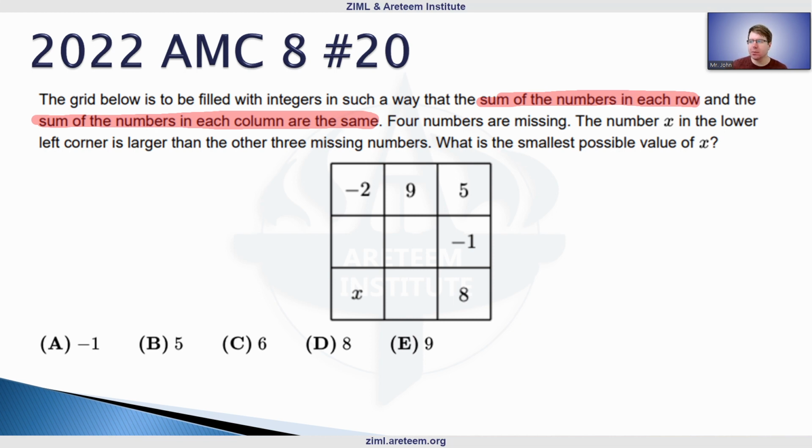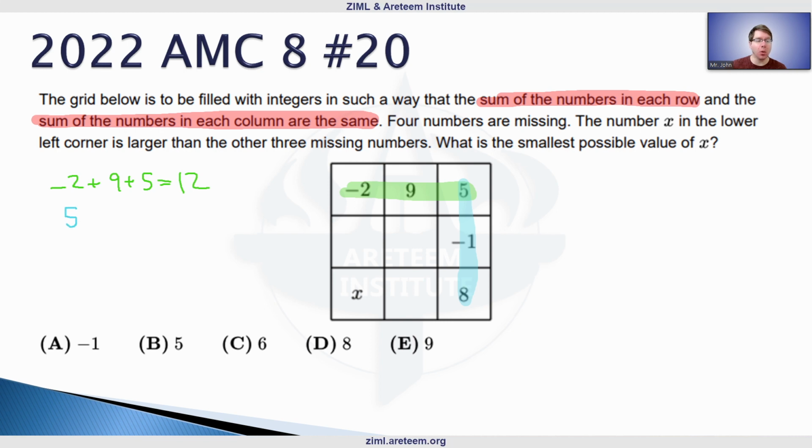So if we do some checking of this, let's just do a quick little calculation, maybe double check some things there as well. We know that -2 plus 9 plus 5, this is 12. You wouldn't need to do this on the test, but just if we wanted to double check and be clear of things, we could also look at our final column.